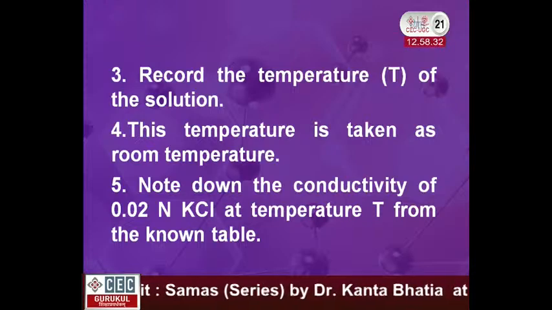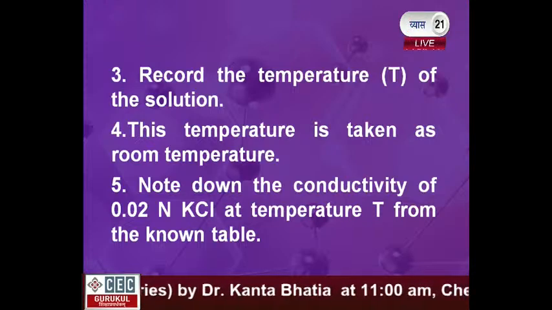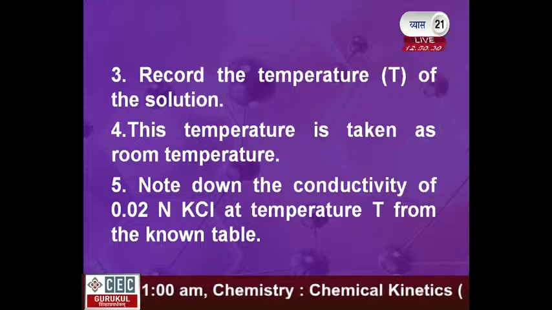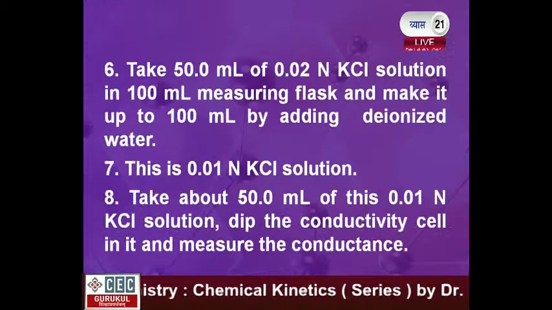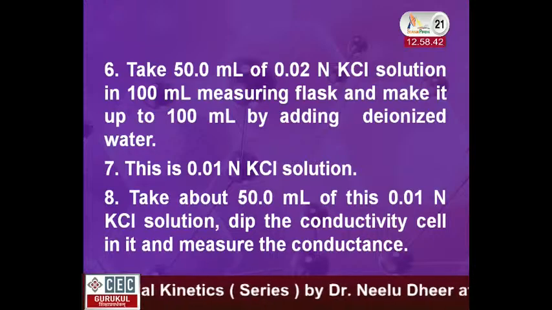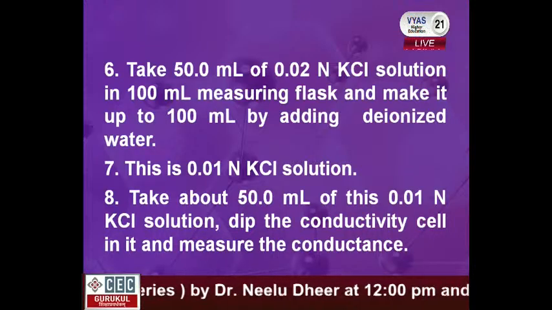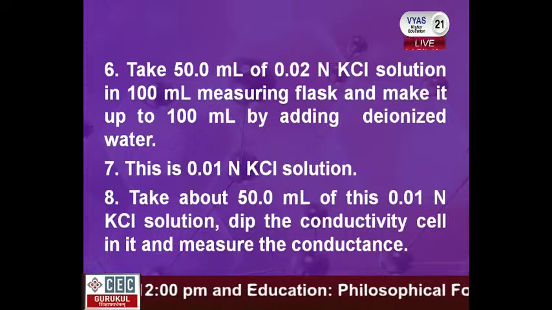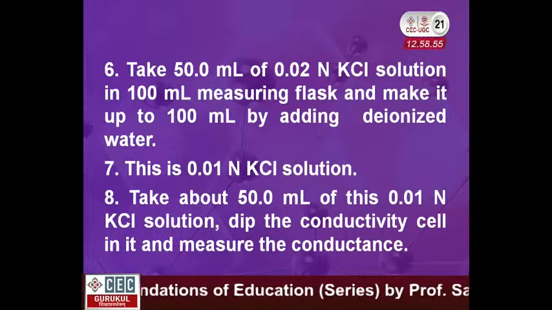Note down the conductivity of 0.02 normal KCl at temperature T from the known table. Take 50 ml of 0.02 normal KCl solution in 100 ml measuring flask and make it up to 100 ml by adding deionized or conductivity water.